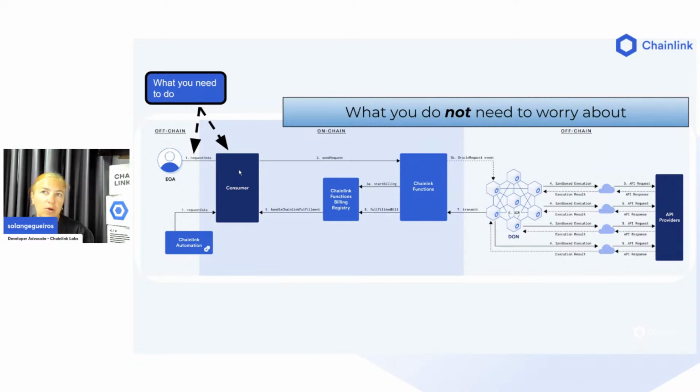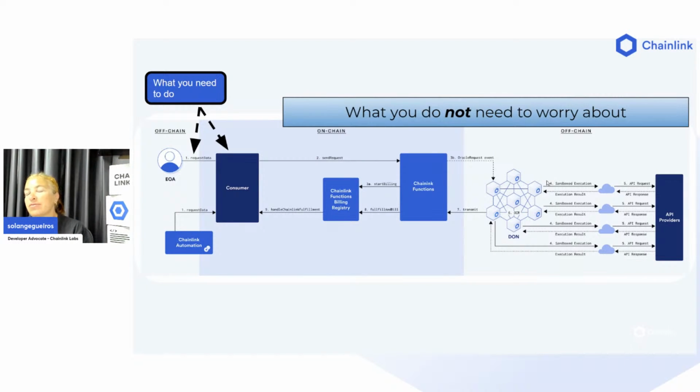And when your consumer sends the request to the Chainlink functions, your request goes to the DON, the decentralized Oracle network from functions. And each of these nodes does a sandbox execution and then an API request to the API that you'd like to get the information from.